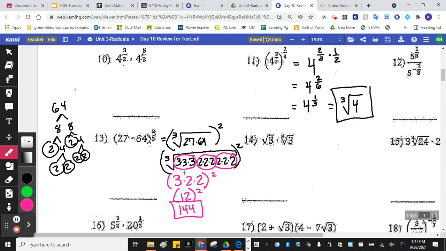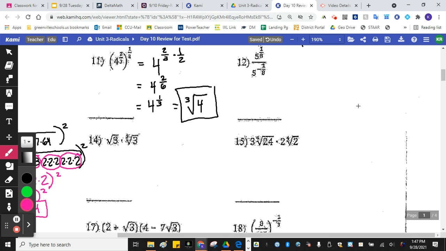There are not many cube roots that we can really work with because, without getting the numbers too big, 1 cubed is 1, 2 cubed is 8, 3 cubed is 27, 4 cubed is 64, 5 cubed is 125. Now we're already in 3-digit numbers, and I'm not trying to give you a huge number to work with.